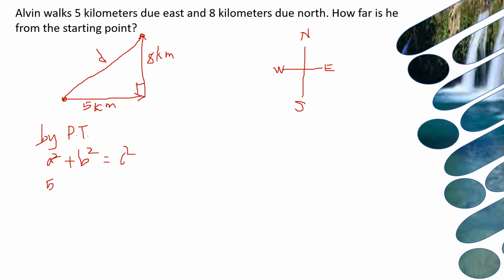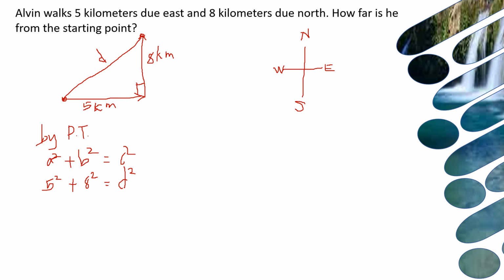Let's just substitute a with 5. So 5 kilometers plus b is 8 kilometers. So 8 squared equals c, but c is the distance from Alvin's initial point to his terminal point, D.